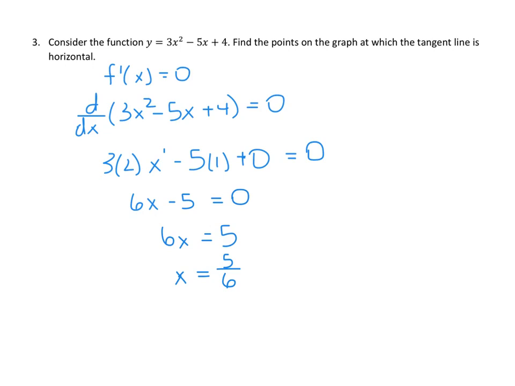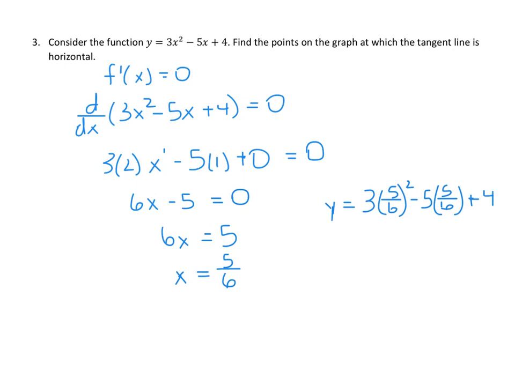To find the corresponding y value, or function value, we need to take this x value and plug it back into the original function. So our y value is going to equal 3 times 5 over 6 squared, minus 5 times 5 over 6, plus 4. Let's simplify that, and that'll give us our y value.